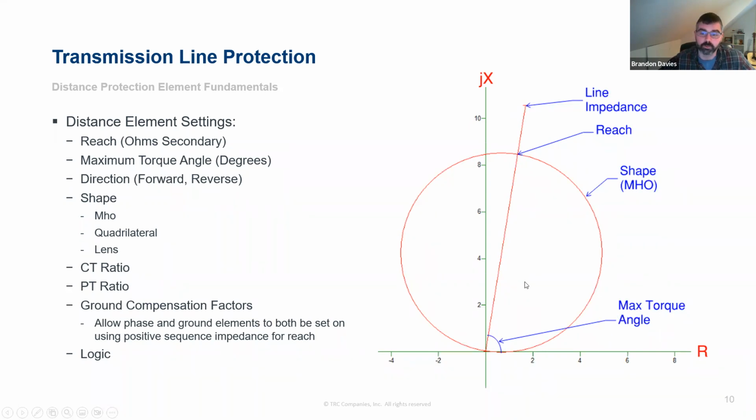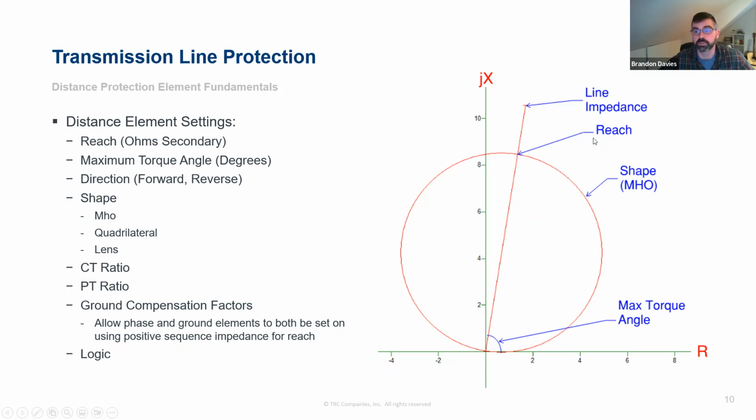You could set it to 45 degrees, and this whole circle would tip to the side here, and the operate zone would be different. But in general, what we try to do is set the reach, which defines the diameter of the circle, at some percentage of the line impedance, and the angle to match the line impedance.